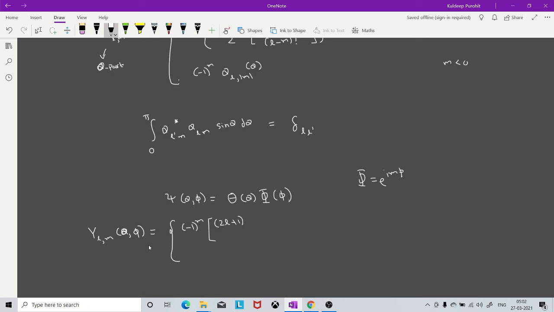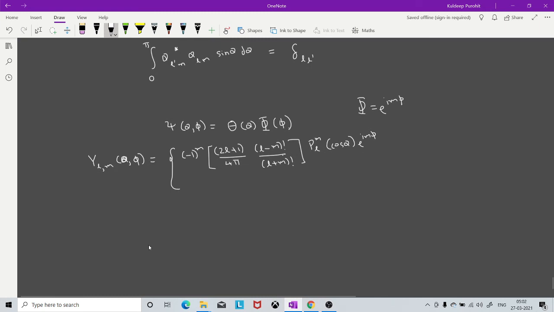under root of (2l plus 1) by 4 pi, into (l minus m) factorial by (l plus m) factorial, into P l m of cos theta, e to the power i m phi.